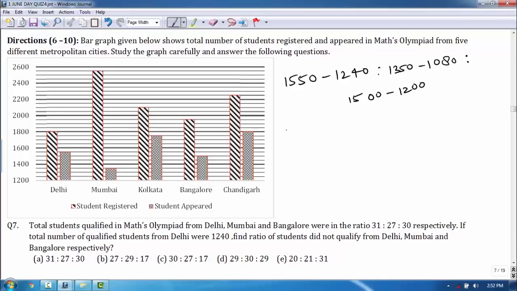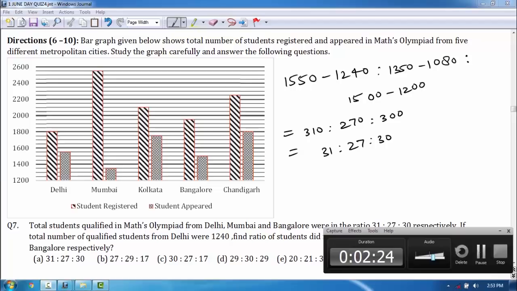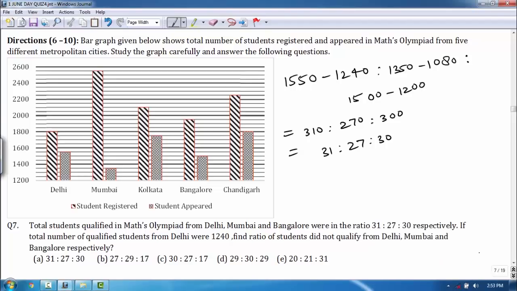So the ratio will be 310 is to 270 is to 300, which is equal to 31 is to 27 is to 30, and that is the required answer.